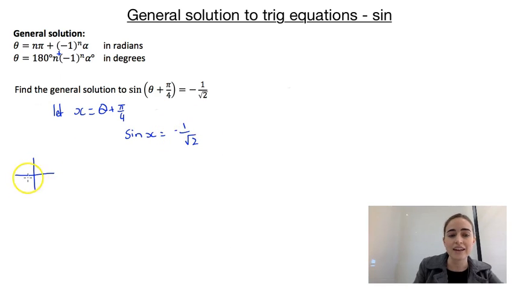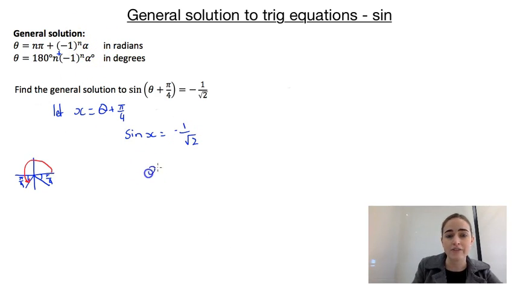Sine is negative in the third and the fourth quadrants. Using our special triangles, our exact values, our related angle is going to be pi on 4. So that means that our first solution is going to be this one here, which is going to be 5 pi on 4. So that's going to be our alpha in our general solution.